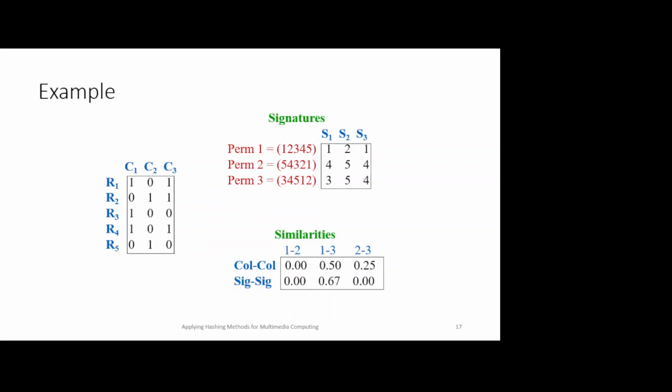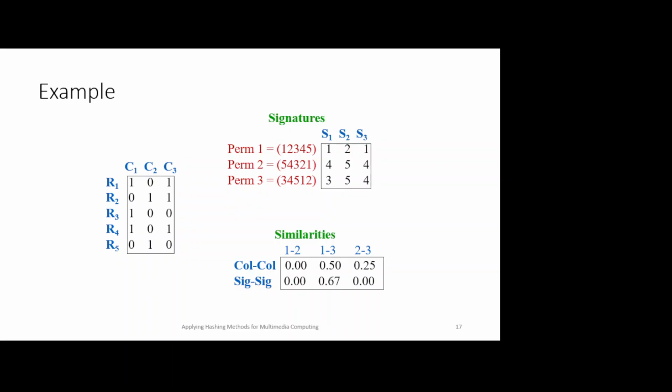Here, you check the first two columns and just compare whether they are the same or not. All are not the same, so the similarity is 0. So both the Jaccard similarity and the signature similarity are 0 between document 1 and document 2.